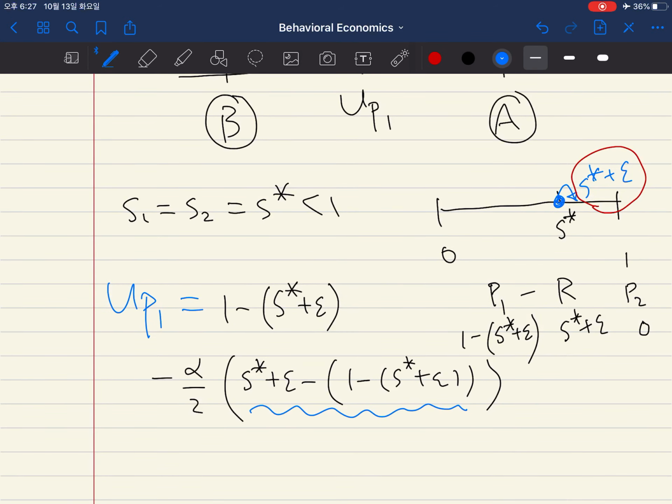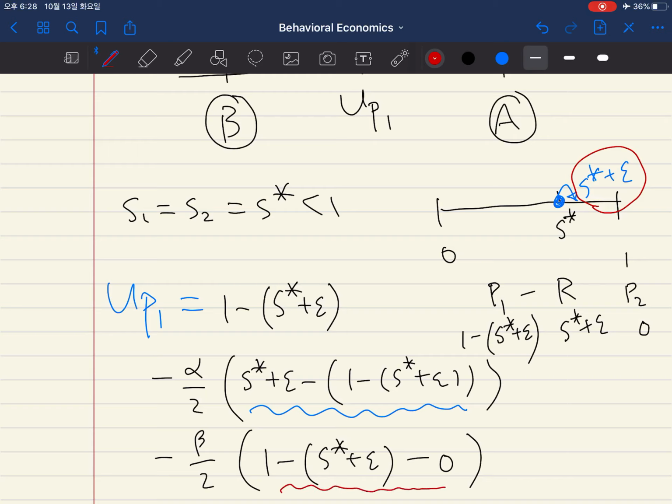This blue expression is inequality between responder and first proposer, and from this inequality, first proposer feels envy. And first proposer is going to feel compassion about second proposer because second proposer has nothing. So first proposer has this much and second proposer has nothing. This red expression is inequality between these two proposers, and first proposer feels compassion from this inequality.